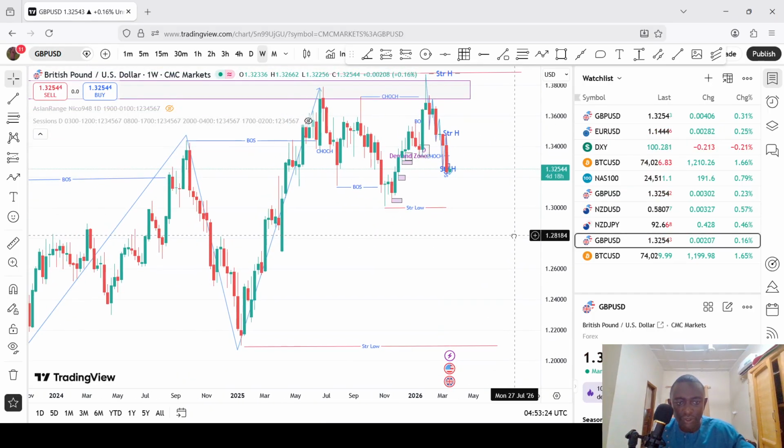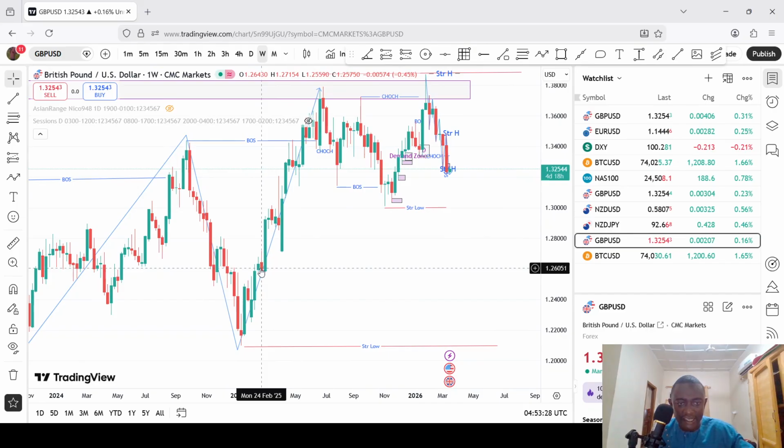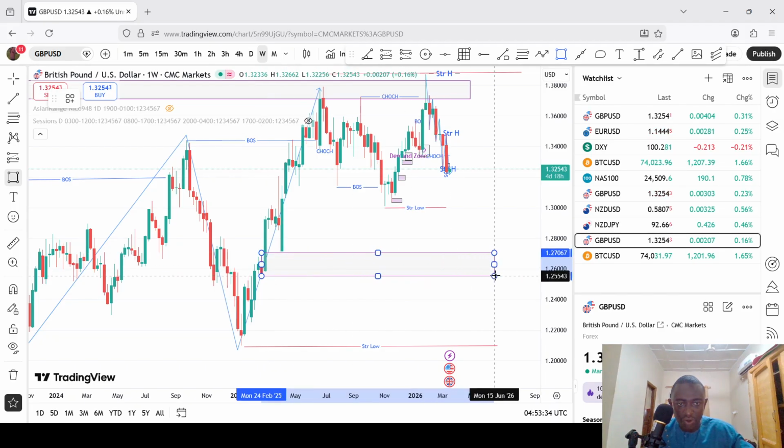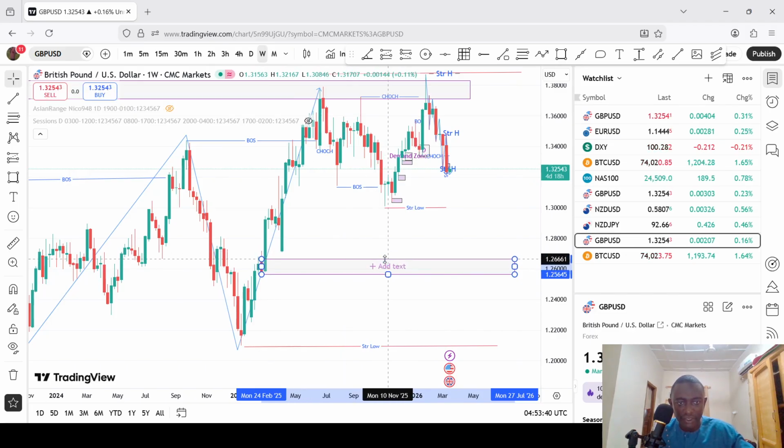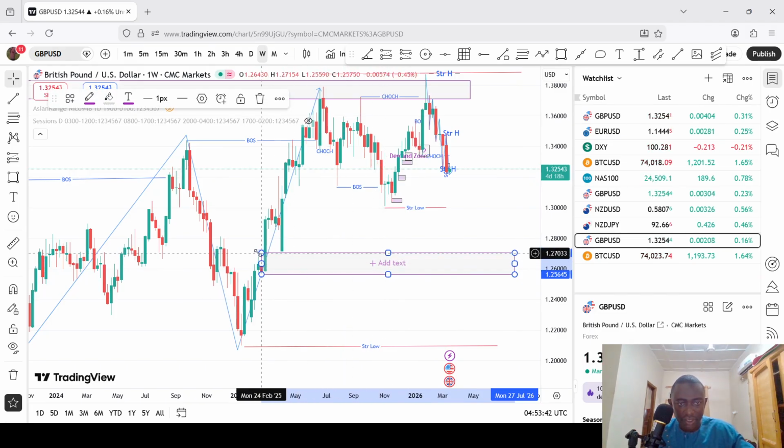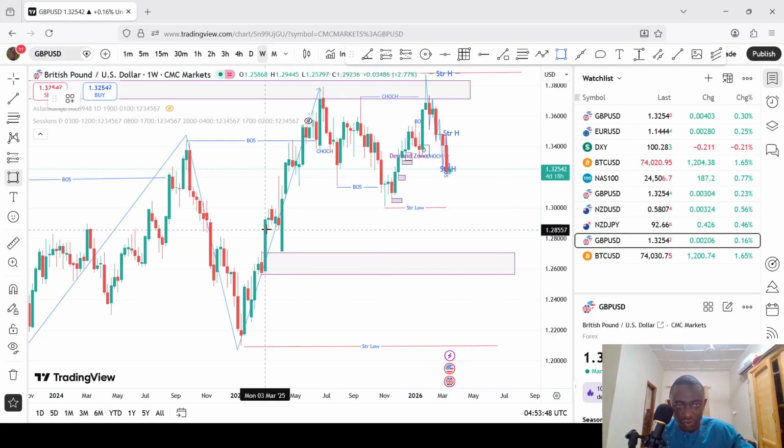Okay, so we know that for the last candle, we have a strong move here, which means here was an order block. I hope you get it. And this order block was followed by a fair value gap. We had that fair value gap here too.